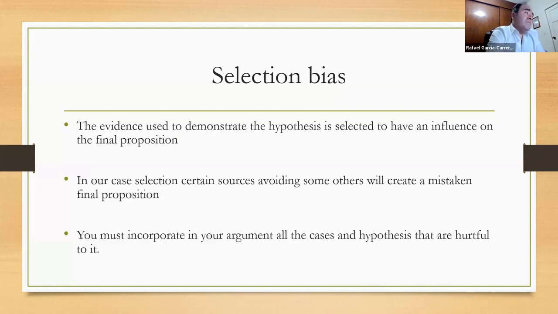Selection bias. That means that the evidence that you use to demonstrate a hypothesis is selected to have an influence on the final proposition. In our case, in international law and in this competition, it will mean that you are going to avoid certain sources of international law that will create a mistaken proposition.